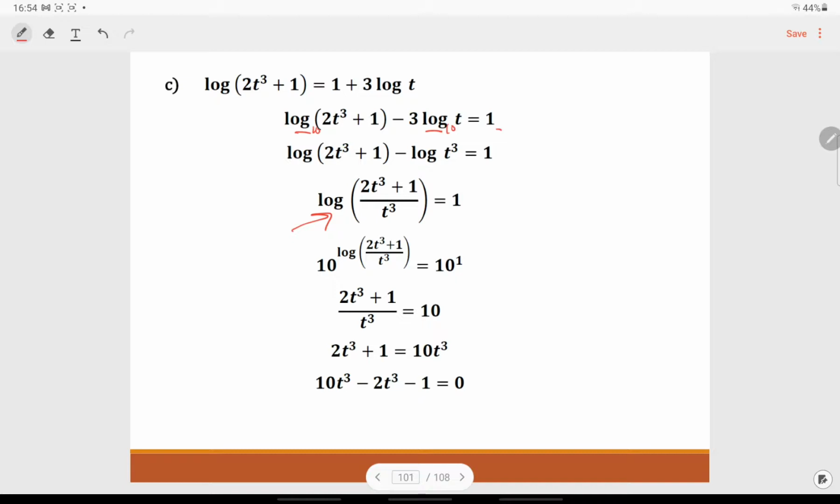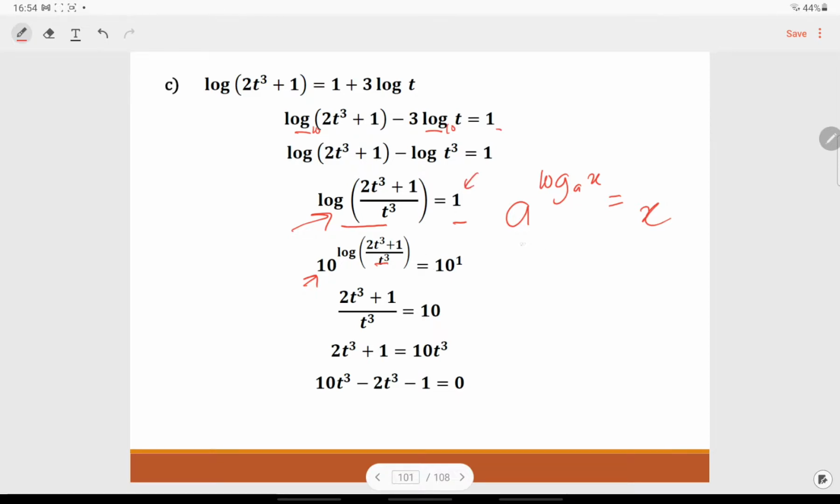Again, we use the property a to the power of log base a of x equal to x. This time our base is 10, so we need to use 10 here. These two expressions become the power of 10: 10 to the power of log of this expression equal to 10 to the power of 1.